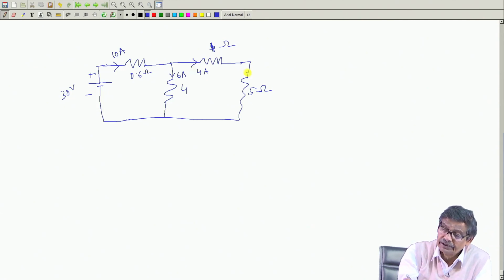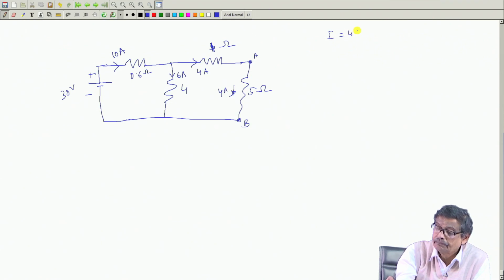Therefore, suppose these are my A and B points, and this current was known to be 4 ampere. So, here I was 4 ampere and your Z was 5 ohm.